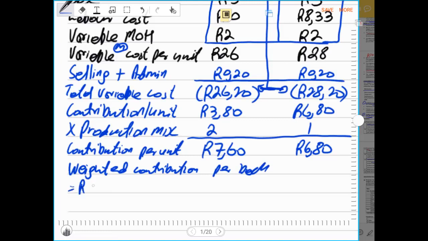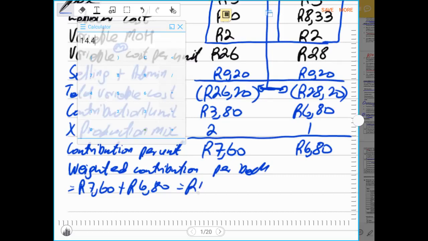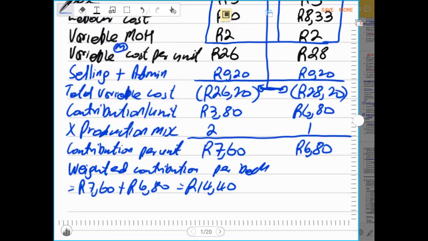Our weighted contribution per batch will be 7 Rand 60 plus 6 Rand 80 cents. 7 Rand 60 plus 6.8, and this will give us 14 Rand 40 cents.